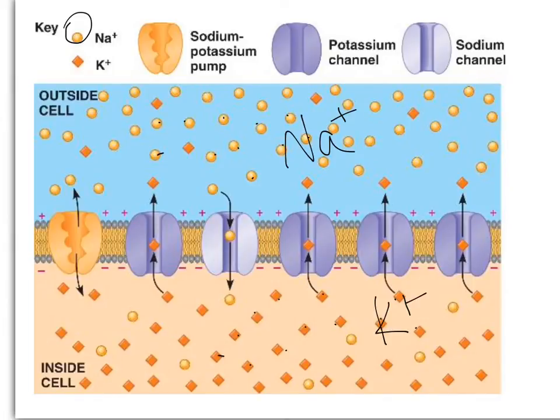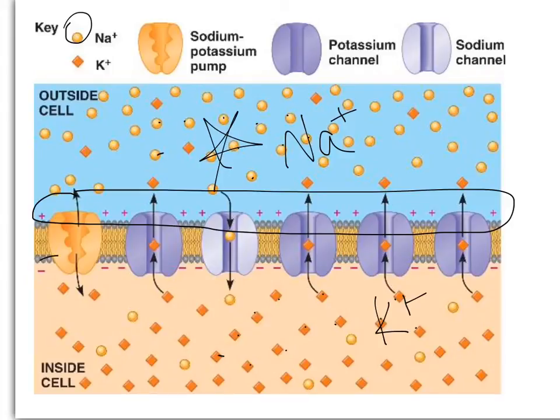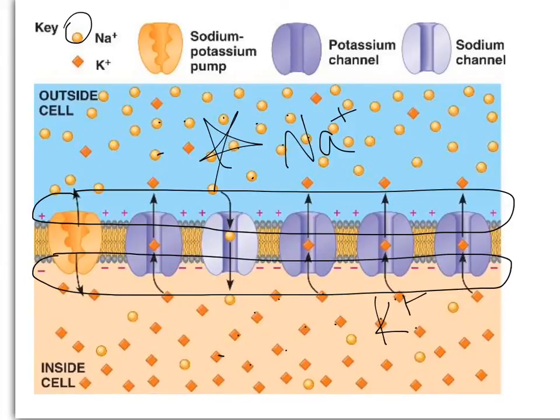However, remember, there are more sodium ions being pumped out of the cell than there are potassium ions being pumped into the cell. So overall, there is more of a positive charge on the outside of the cell than on the inside. In comparison, the inside of the cell is more negative and the outside of the cell is more positive. And so this is where we are starting.